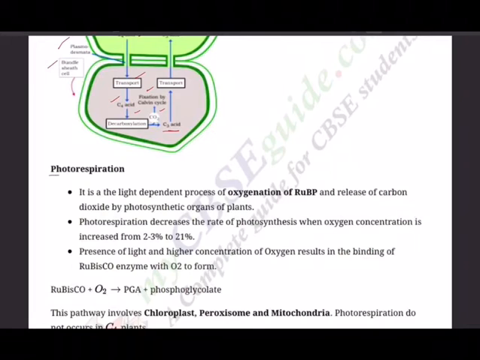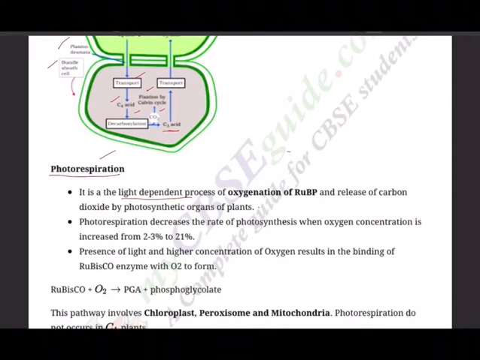And as all of us know, photorespiration is another concept. It is light dependent, that's why the name photo, a process of oxygenation of RuBP and release of carbon dioxide by photosynthetic organs of plants.